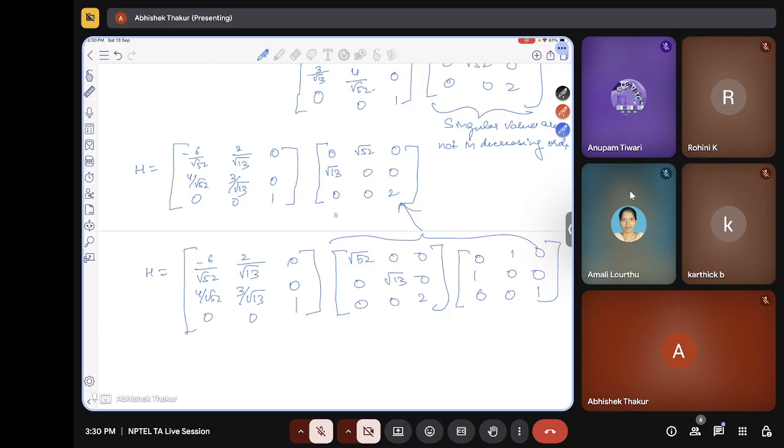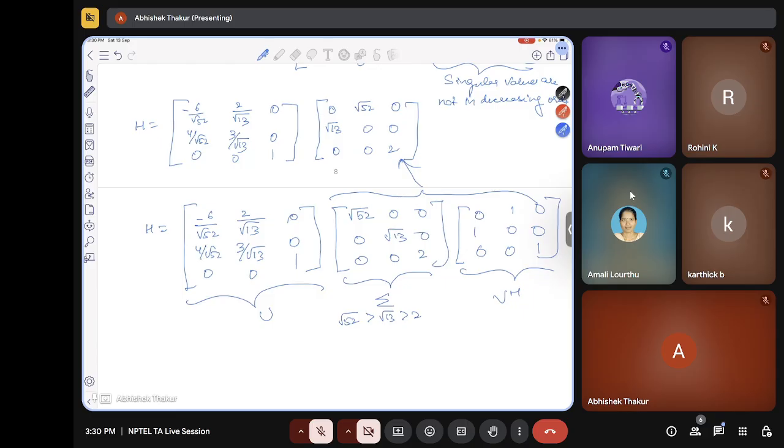So now this is our U, this is our sigma, and here also we can see root 52 is greater than root 13 is greater than 2. And this is our V. So this is the singular value decomposition of this channel matrix H. And we can also verify U Hermitian U gives I, and V into V Hermitian gives I.